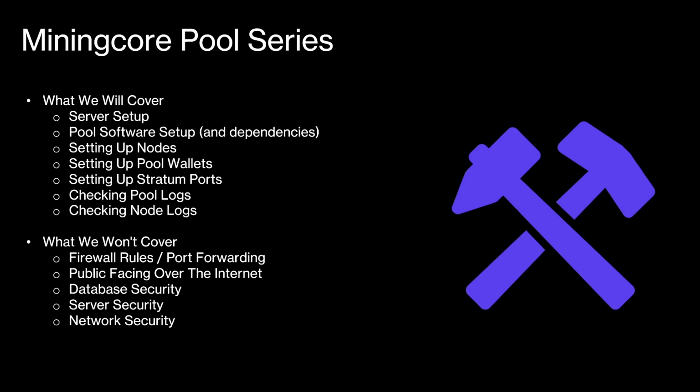We're also not going to talk about server security. So database security, server security, and network security are probably the biggest three things when running a pool that is accessible over the internet, because you're essentially running a pseudo financial system that will be prone to attacks.